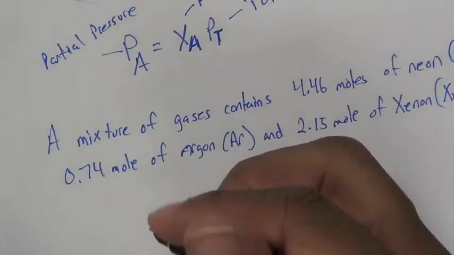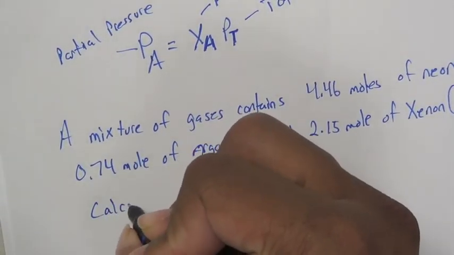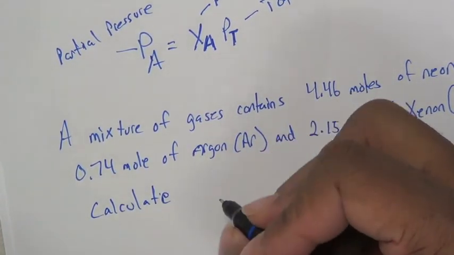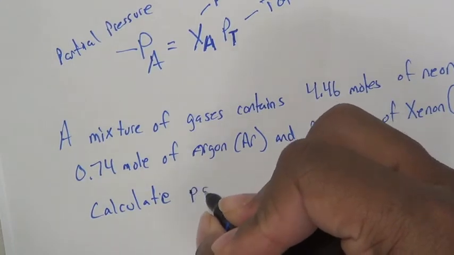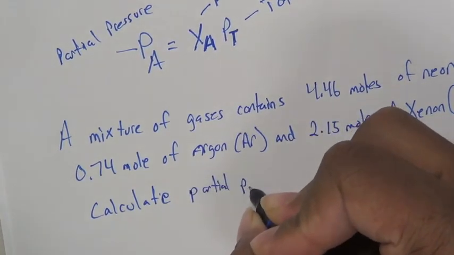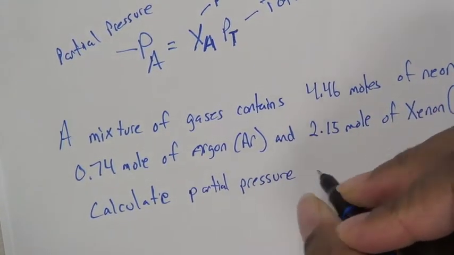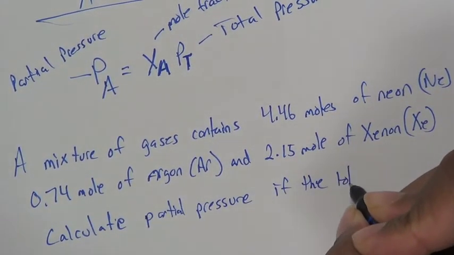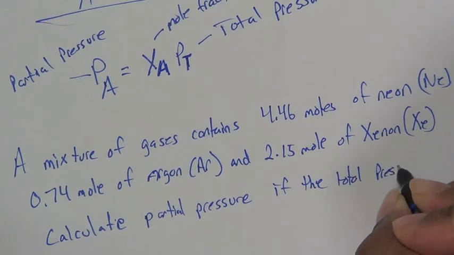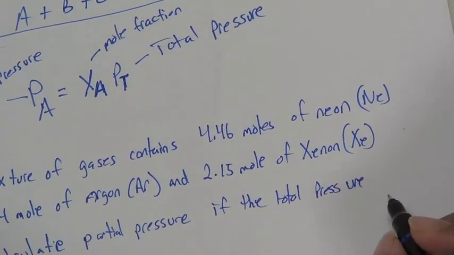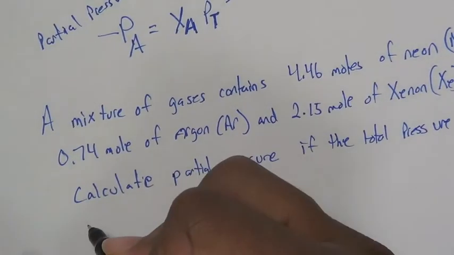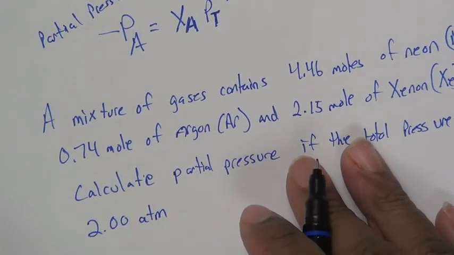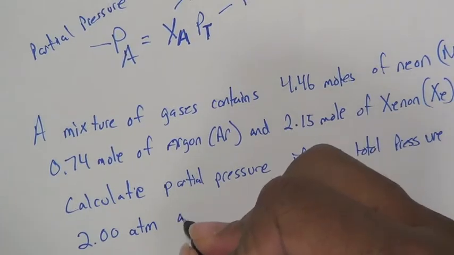Okay. Calculate the partial pressure if the total pressure is 2.0 atmospheres at a certain temperature.